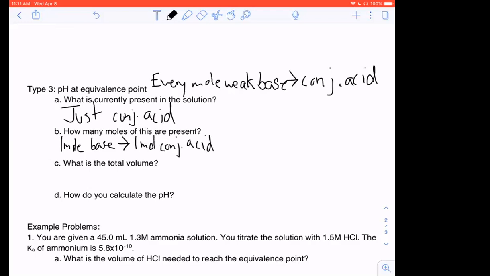You'll just have the same number of moles of the conjugate acid as the number of moles of the weak base you started with.